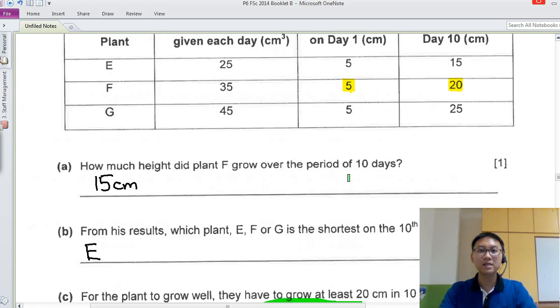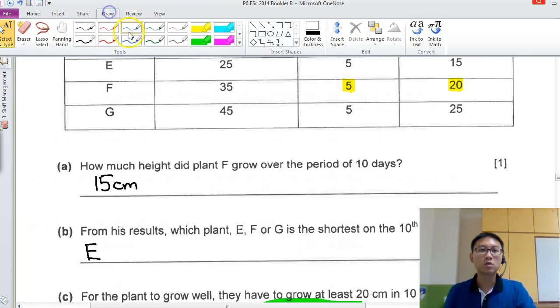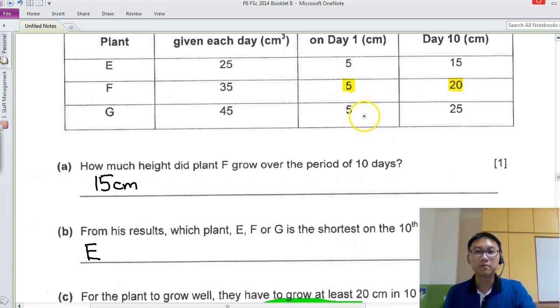So I want to grow at least 20 cm. Which is the one that will grow at least 20 cm? Yes, if you look at G, this one plus 20. This is only plus 15. And this is only plus 10. So this is what I'm looking for, at least plus 20.